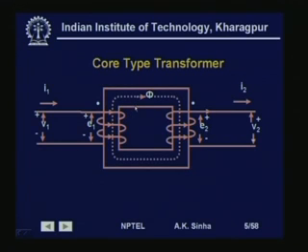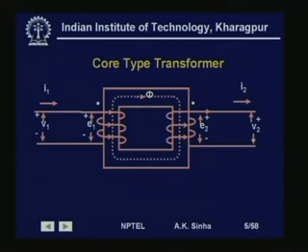Basically, as far as the working of the transformer is concerned, for our purpose we will find their working to be very similar. There are certain differences, but we will not go into those aspects in this course.